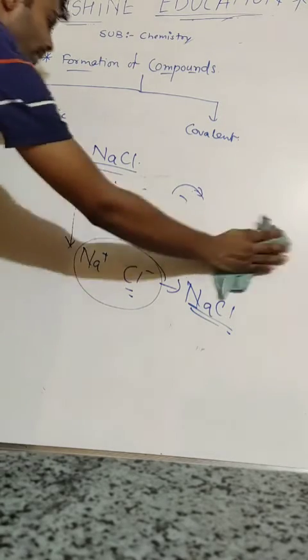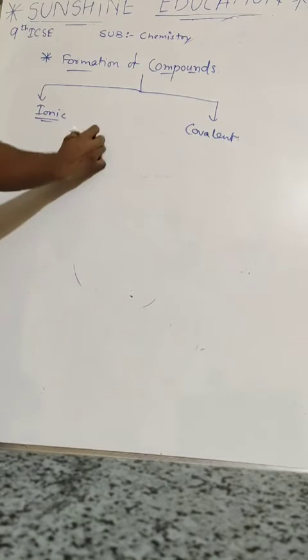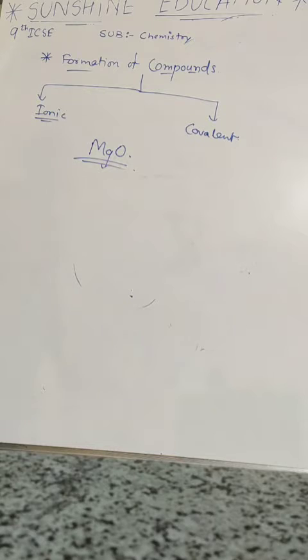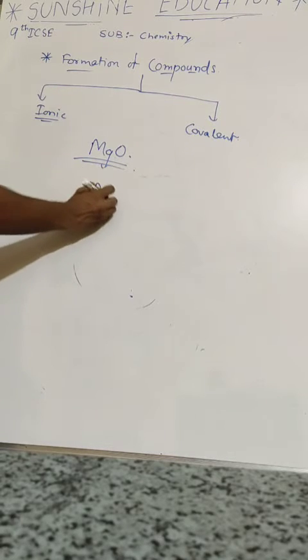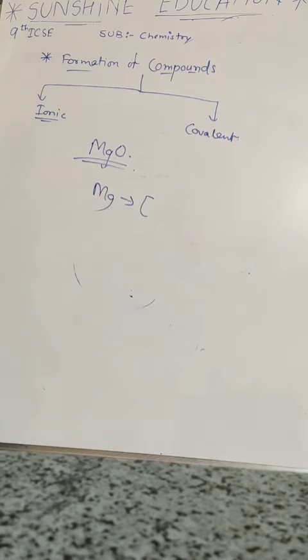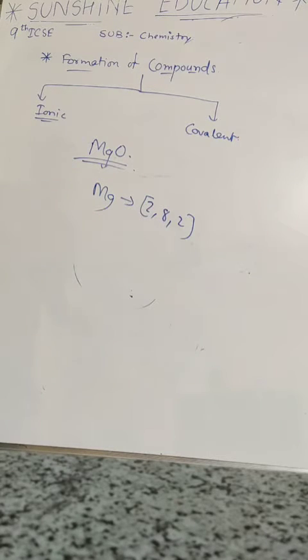Let's take another example, a compound named magnesium oxide. Symbol is MgO. Magnesium has symbol Mg, atomic number 12, so its electronic configuration is 2,8,2.